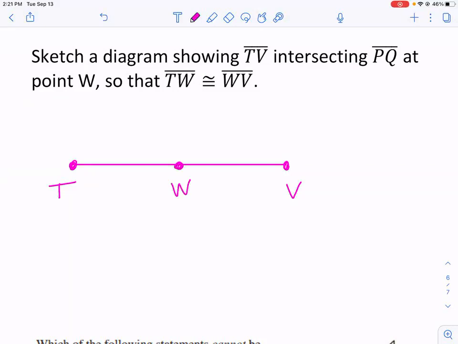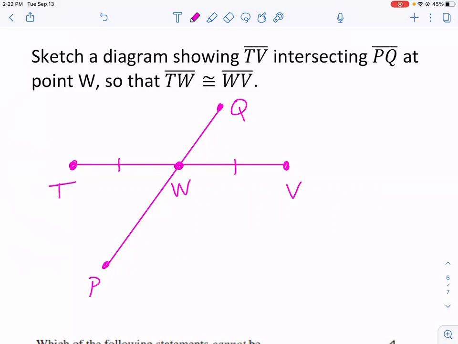And Stella, how do I signify that TW and WV are congruent? That's a line. Be more specific. Okay, it's a line. What else could it be? And then my segment PQ needs to go through W because PQ is intersecting TV at point W.